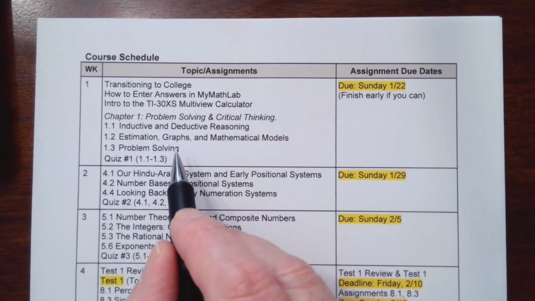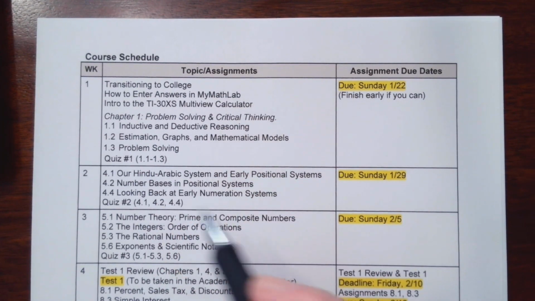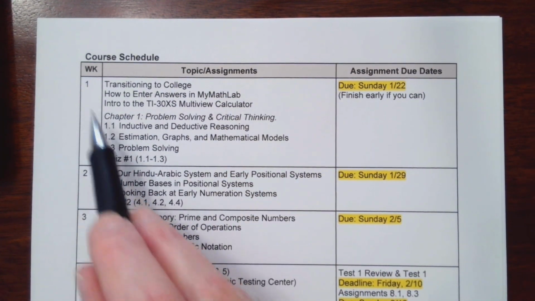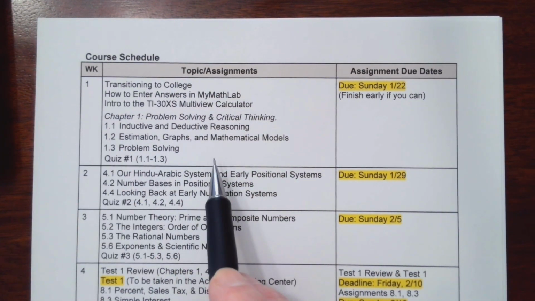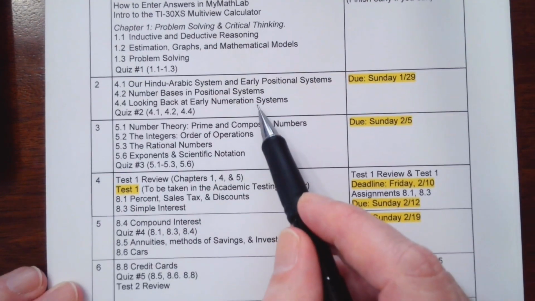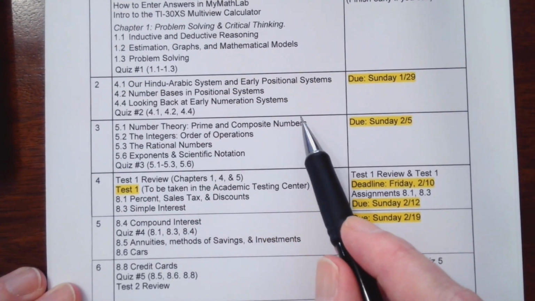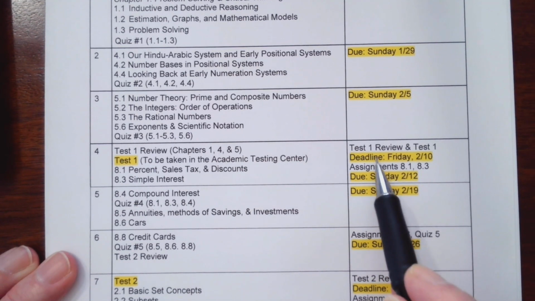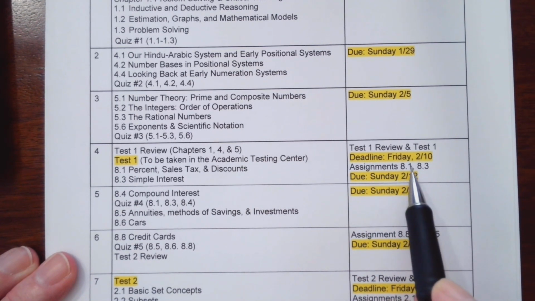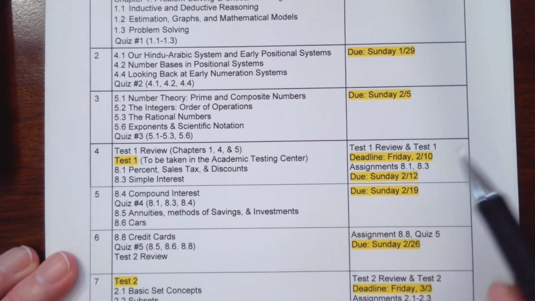So your schedule does look a little bit different, but it's very similar. You can see the first week exactly what's due, and that's for each week. In fact, your first test, you can see is going to have a deadline of Friday, February 10th.